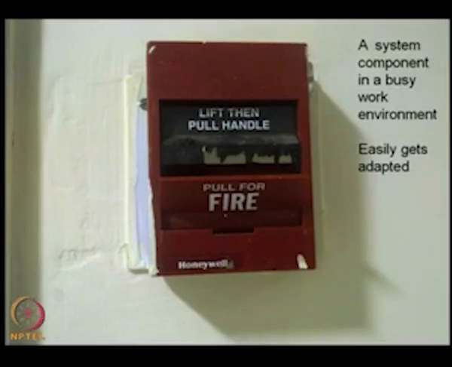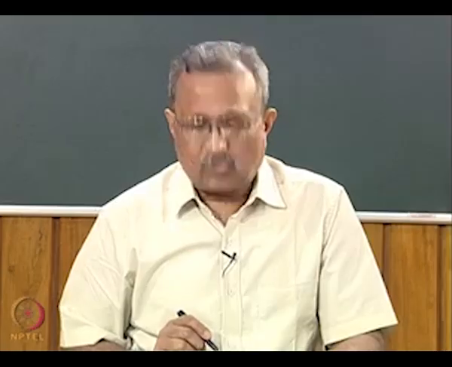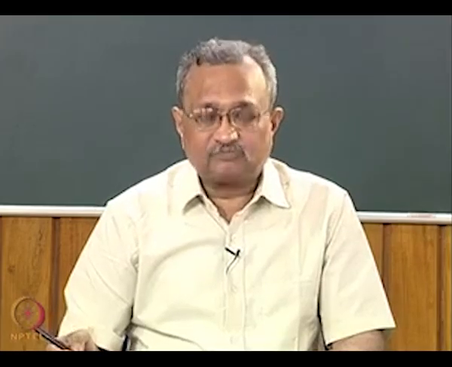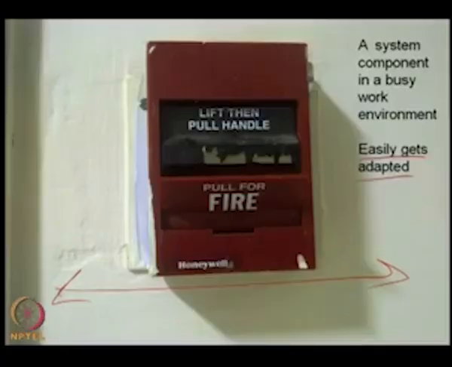When there is no fire and people are crossing this corridor, after a certain period, a system component in a busy work environment easily gets adapted to. People forget its presence. So, the placement location of an equipment is also important, and the information presented herein, how to use it, how to operate it, and whether it is easy to access or not.